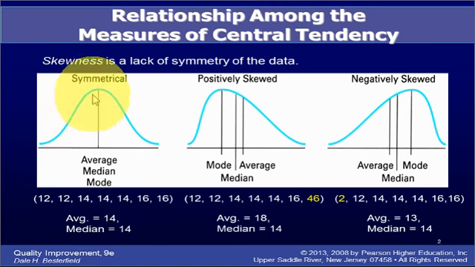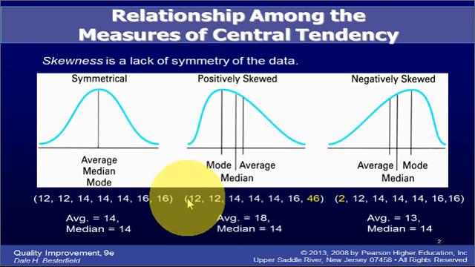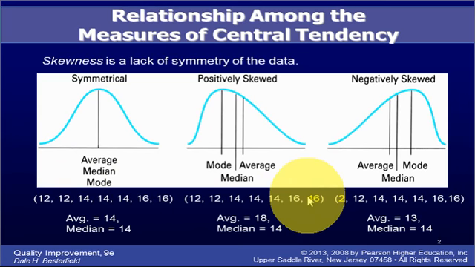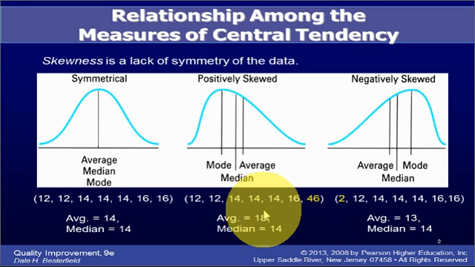So this is perfectly symmetrical, and all three measures of central tendency coincide with each other. Now if we go extreme with the largest value in this set, if we change this 16 into 46, then the average becomes 18 and the median is still 14.